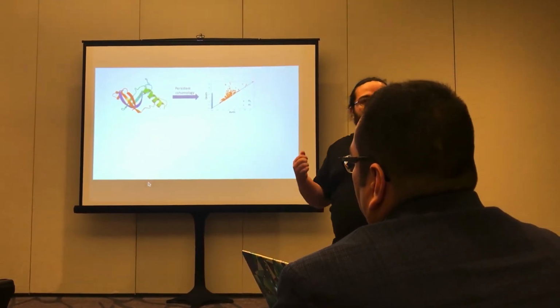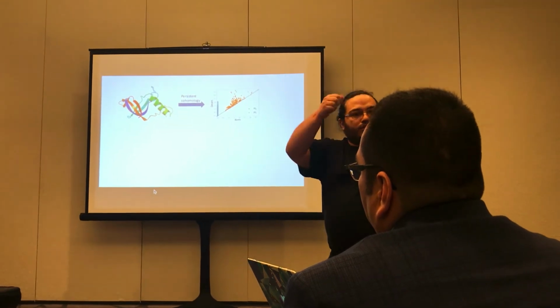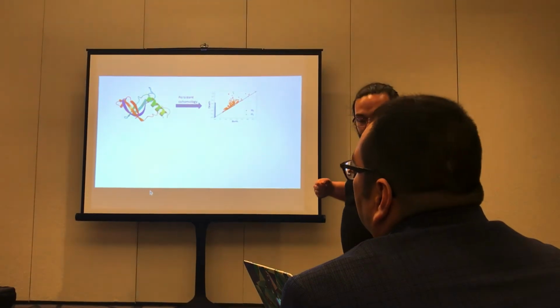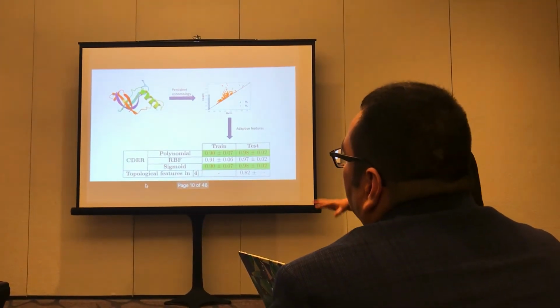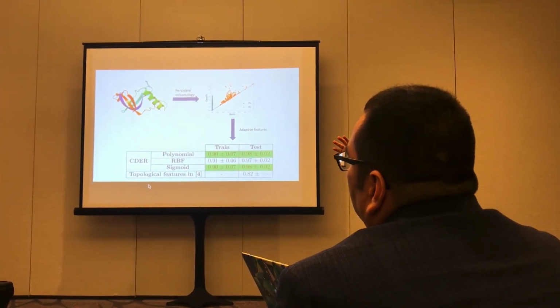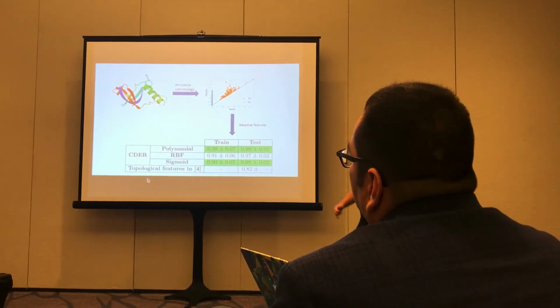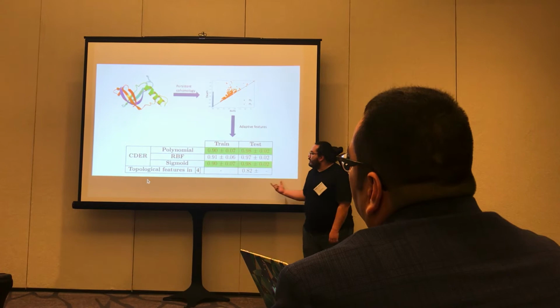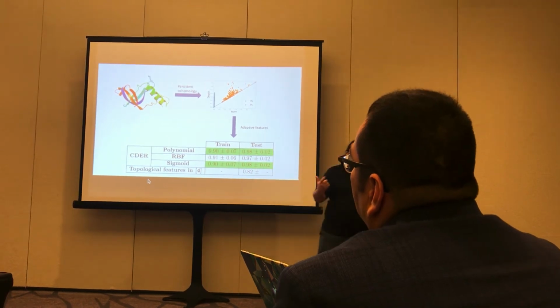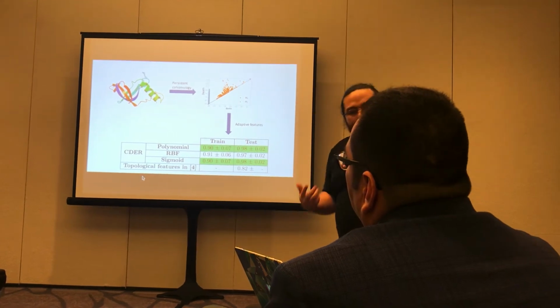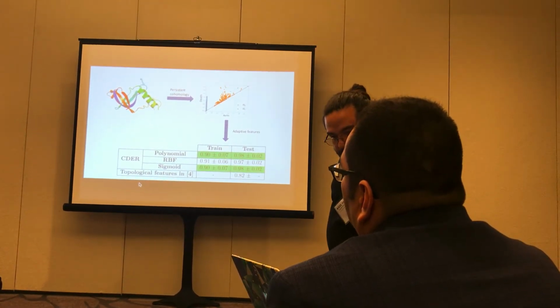Let's say we have the 3D positions of the atoms of a protein, and then we compute persistent homology. Using the features that I'm going to describe, we obtain really good results. These are our results compared to the state of the art of hand-picked features that are meaningful to the field.